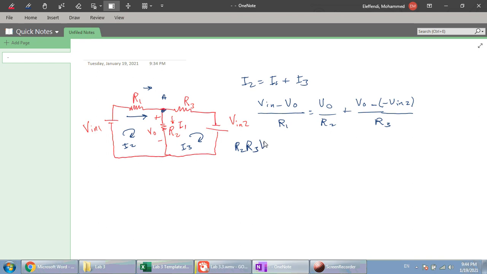So R2 R3 multiplied by V in 1 minus R2 R3 V out equals R1 R3 V out plus R1 R2 times V out plus R1 R2 times V in 2.